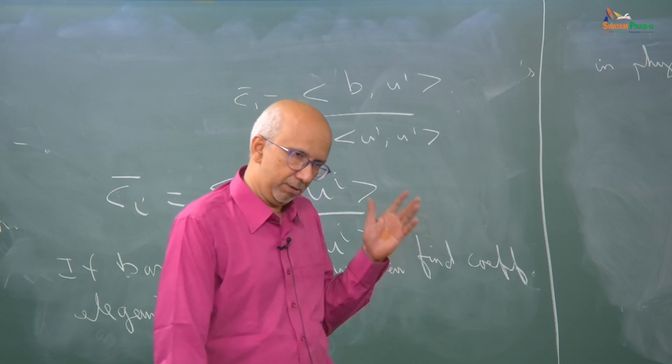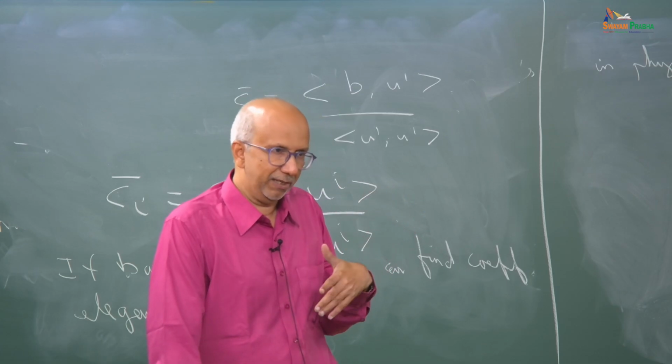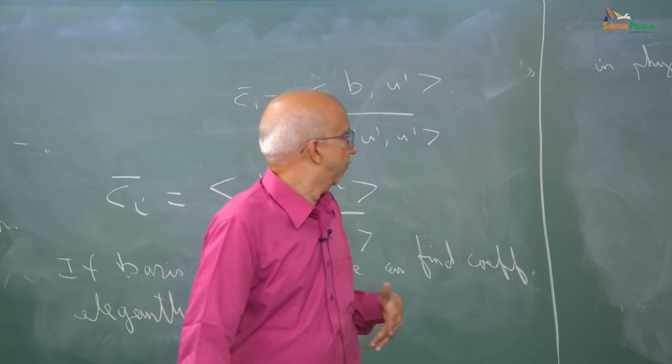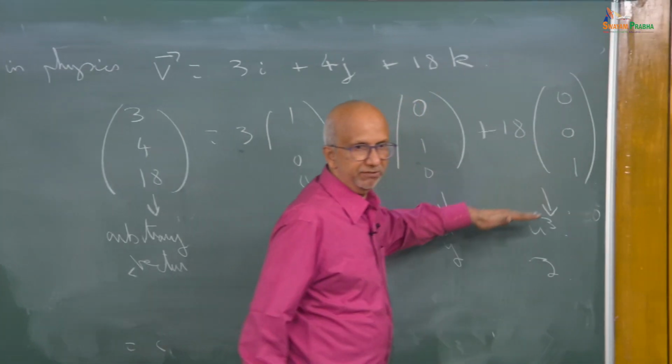On the first day I mentioned geometric representation and algebraic representation. What you have seen here is what I would call the geometric representation, but I am shifting towards algebraic.